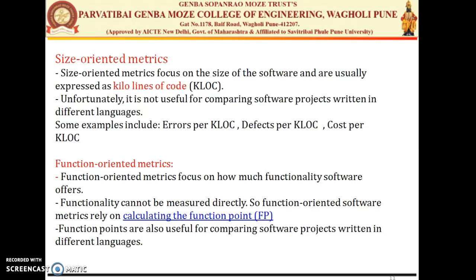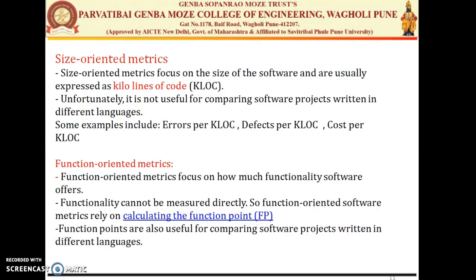These two softwares cannot be compared based on lines of code, because each language contains different parameters, different functions and different characteristics for writing the software. So one drawback of the size oriented matrix is that you cannot measure software which has been developed in two different languages.